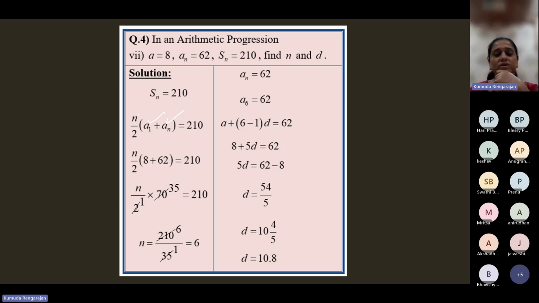So you can work this equation and find the value of n. And once you find n, it's easy to find d, because an is 62 and n is 6. So a6 is 62, so a plus 5d is equal to 62. You substitute the value of a and get the value of d.